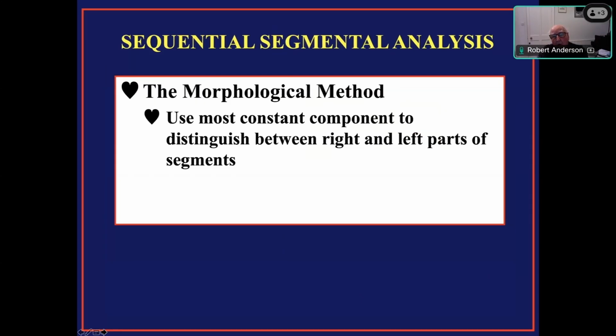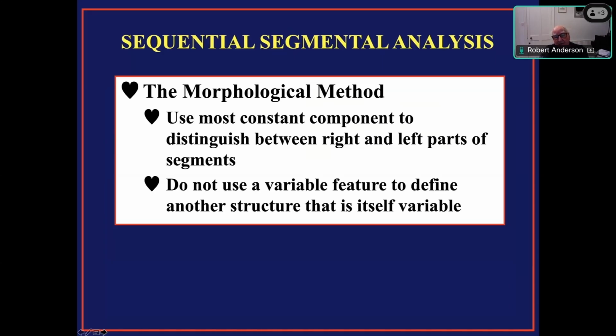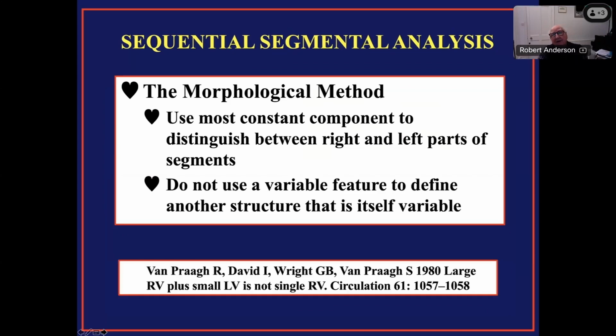So now, always, we use the most constant component to distinguish what is morphologically right, what is morphologically left. We do not use another feature that itself is variable. Why do we do this? Because we were pointed in this direction again by Richard Van Praagh.